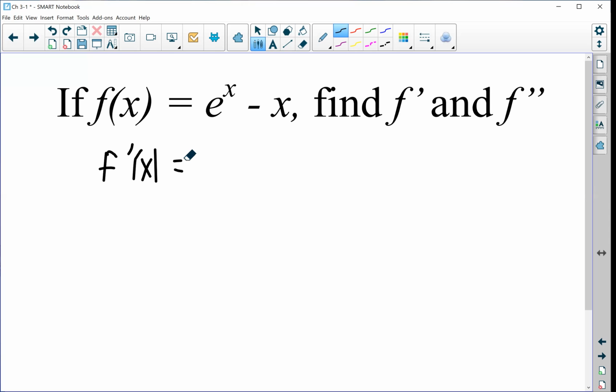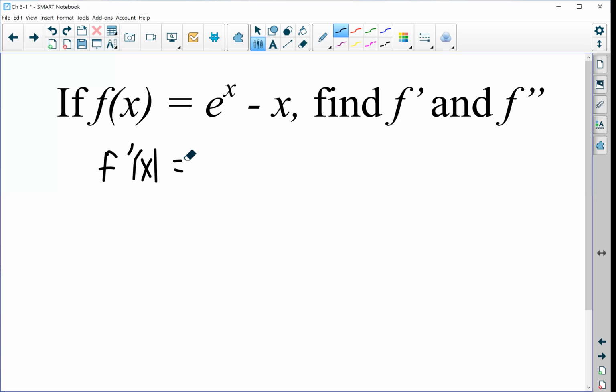Anyone know e to the 0? It's 1, right? Any number other than 0 to the 0 power is 1. It is expected that you know that the natural log of 1 is 0. And the natural log of e to any power is just that power. So if it's just e, the natural log of e is 1.